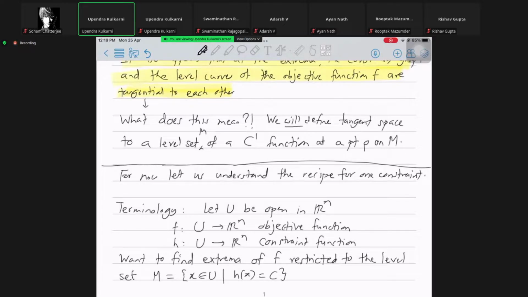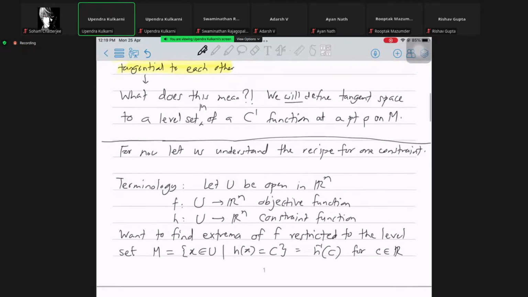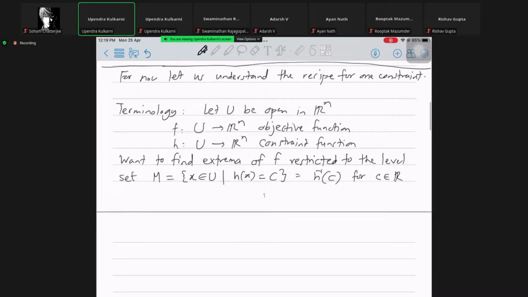So in other words, this is just h inverse of c for some given constant c. Okay, so then what do we say? So in other words, f restricted to M has a local max, let's say at point p in M.